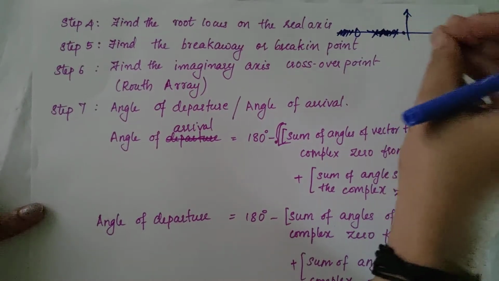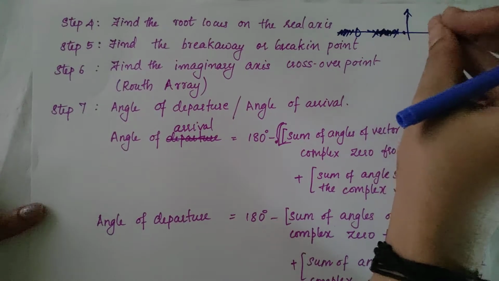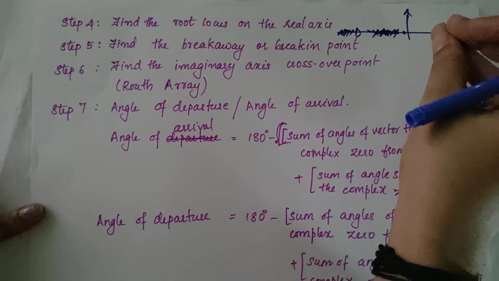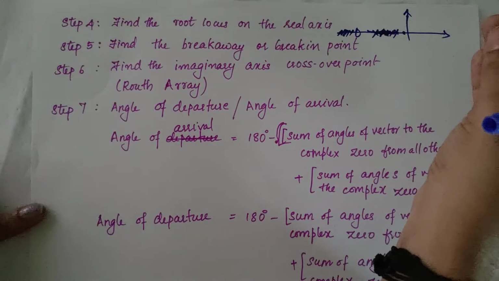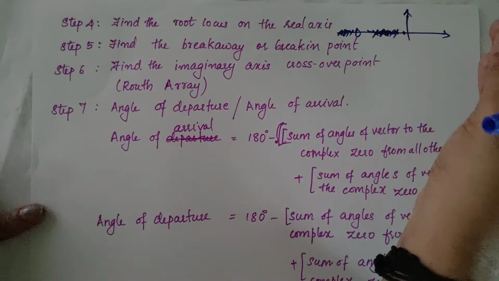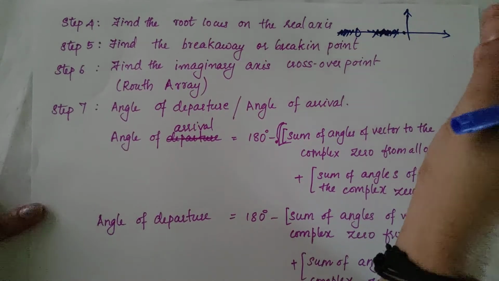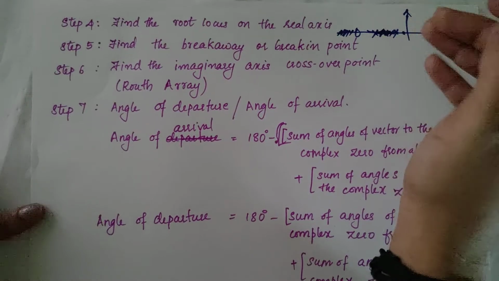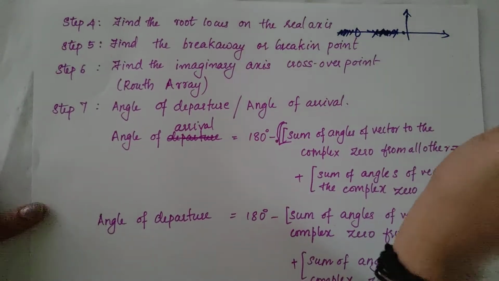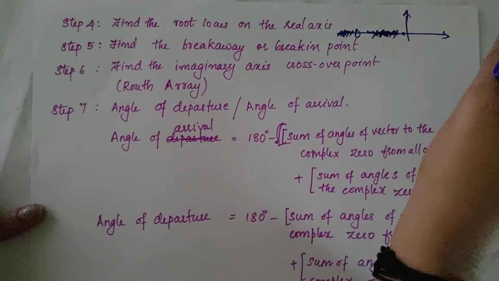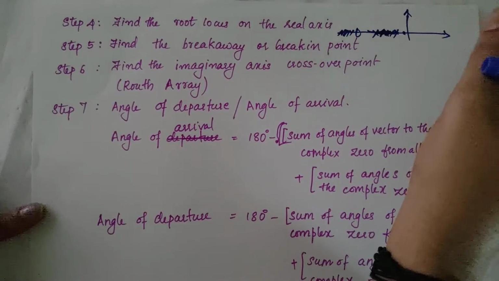Okay, so take a test point in each divided part of the real axis and look towards the right. If the total number of poles and zeros towards the right side of the test point is odd, then in that part the root locus can lie.